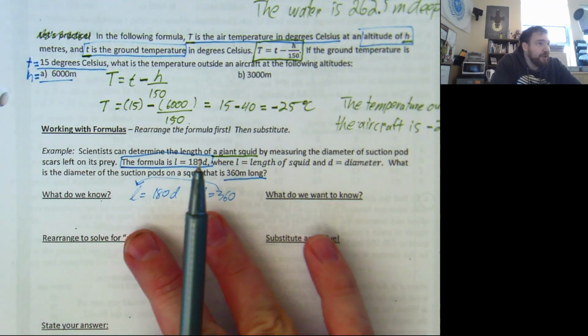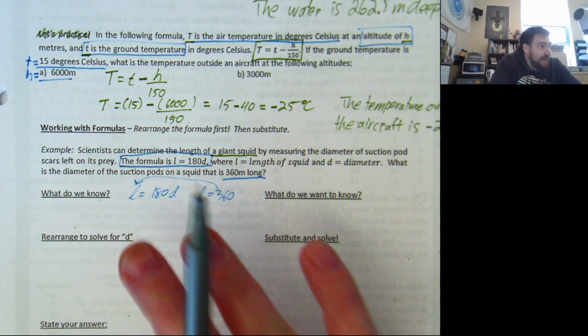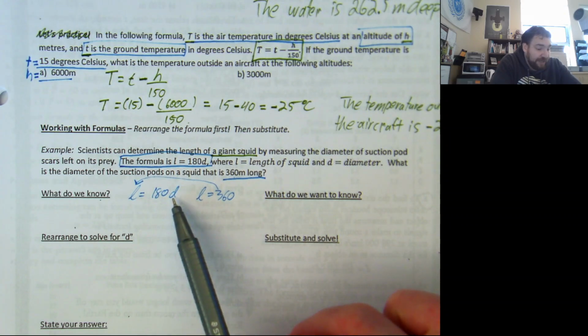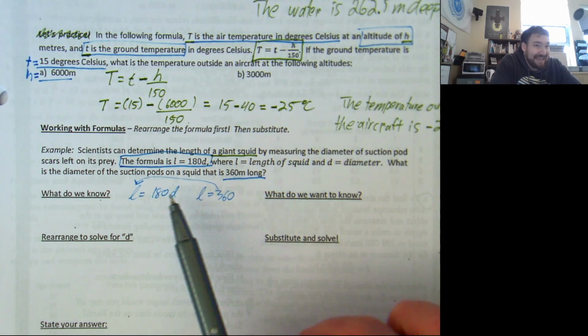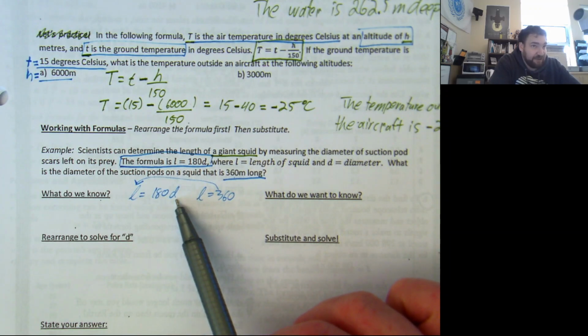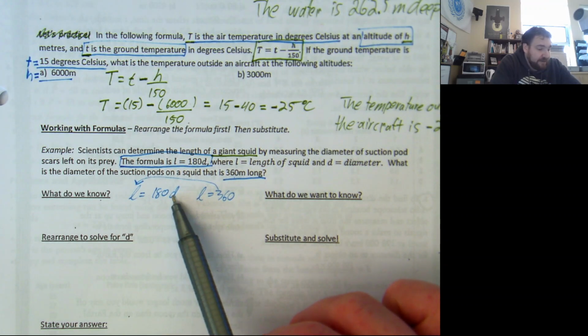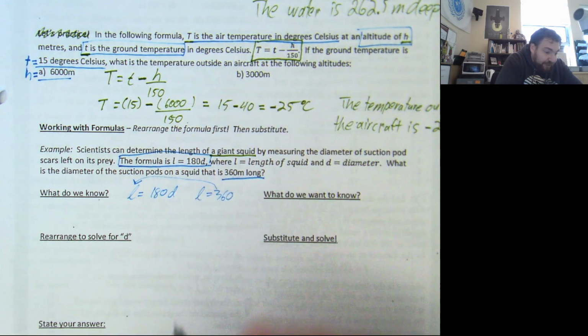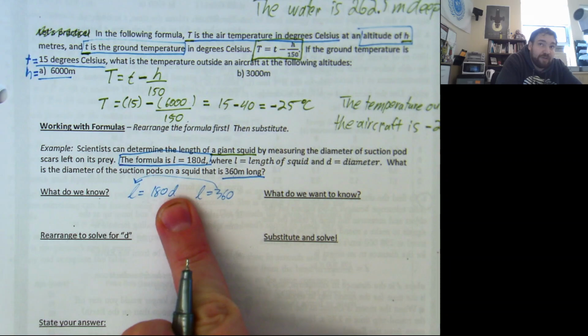So there are two ways that you can go about doing this. One way is if you can see that what we're looking for is the diameter and that thing isn't isolated yet, you can do what we did yesterday. We spent a whole bunch of time isolating for different letters yesterday. So if I want D, I can isolate for it. We can say, well, one way to do this is to rearrange to solve for the thing that we're looking for.